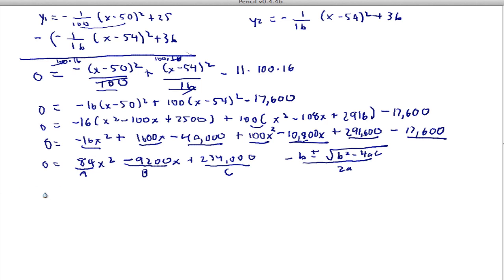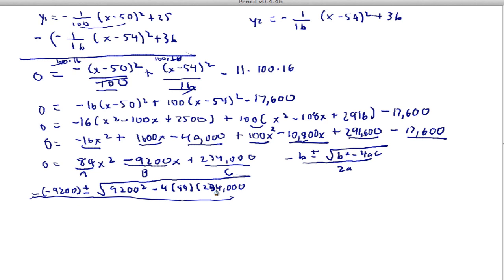So that will give us negative, negative 9,200 plus or minus, and I'll just write the numbers first and I'll root it, 9,200 squared minus 4 times a, which is 84, times 234,000, all under the root sign, divided by 2 times 84.